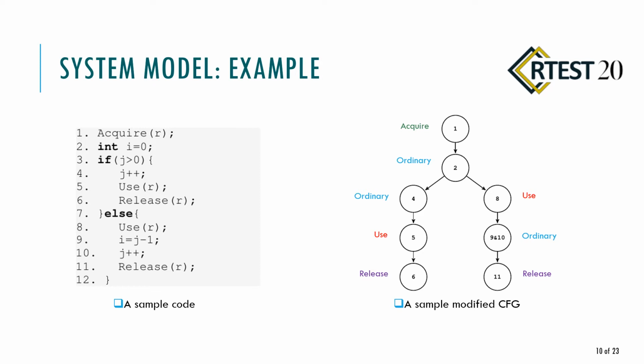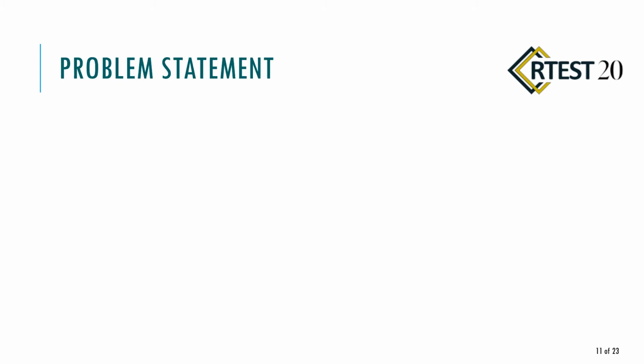In this example, as specified in the sample modified CFG, node 1 is an acquire node, nodes 2, 4, 9, and 10 are ordinary nodes, nodes 5 and 8 are use nodes, and also nodes 6 and 11 are release nodes.